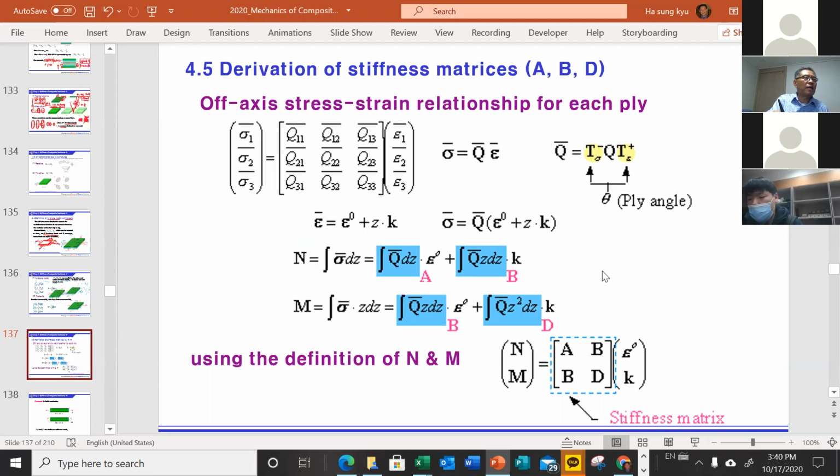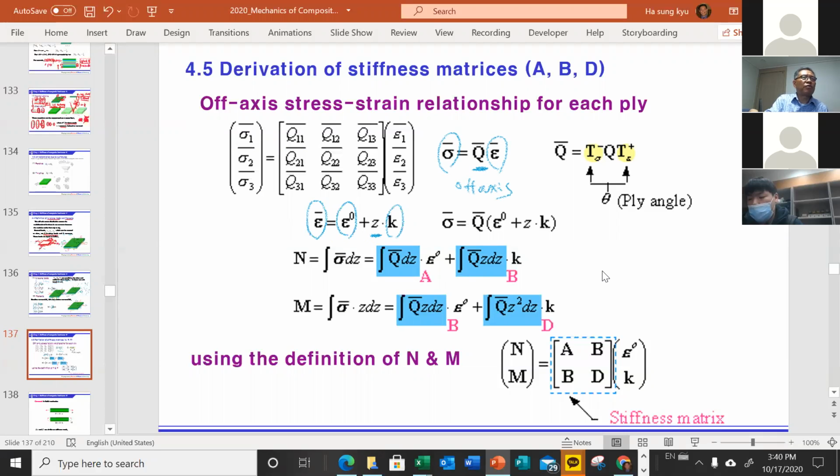And strain, as we studied, has the uniform strain and curvature, and there's a Z. And in a previous section, we already studied the off-axis stress and off-axis strain. This is the Q bar. This is the off-axis stiffness, right?